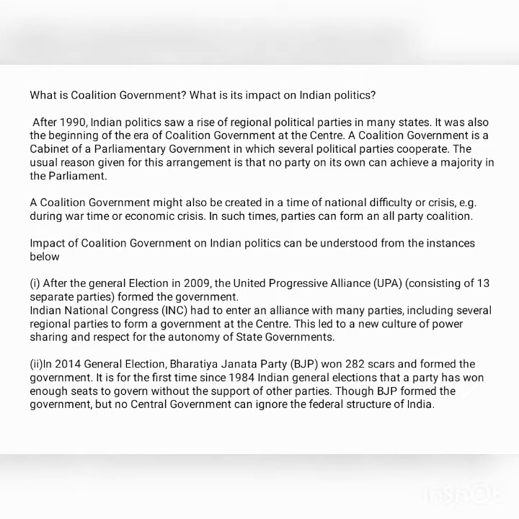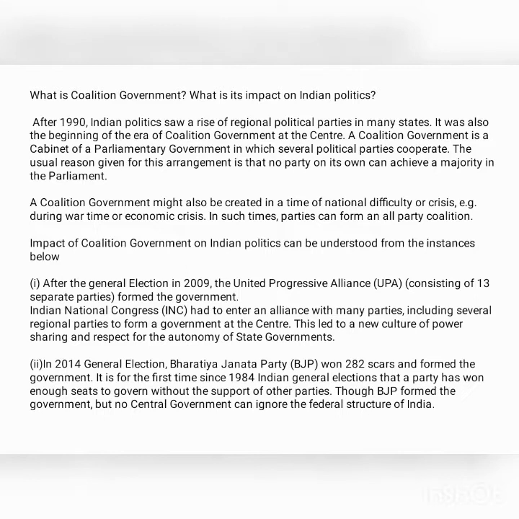So, though Bharatiya Janata Party formed the government, no central government can ignore the federal structure of India, because it is the fundamental structure of India, and the Indian constitution itself insisted on that concept. So whatever may be the central government, whoever may be in power at the center, the federal structure should not be underestimated.